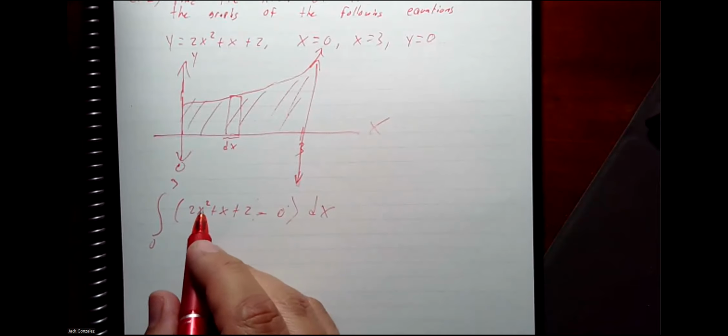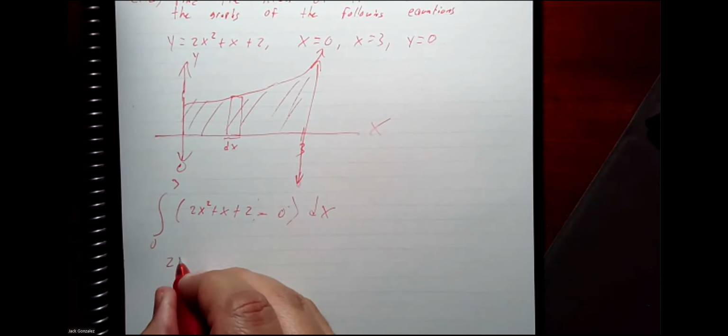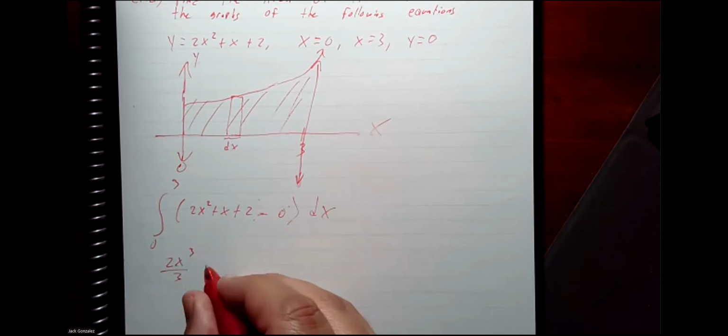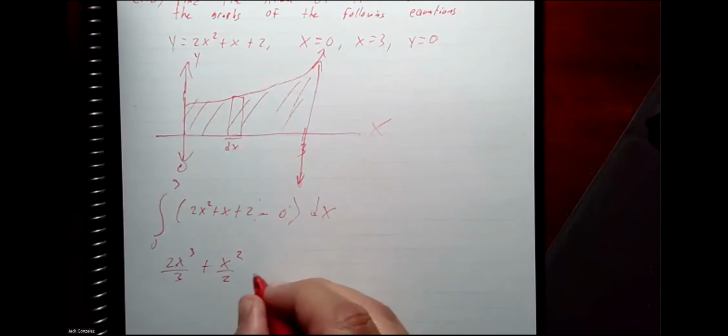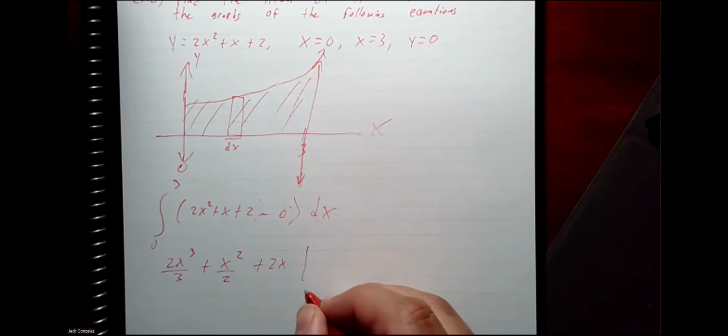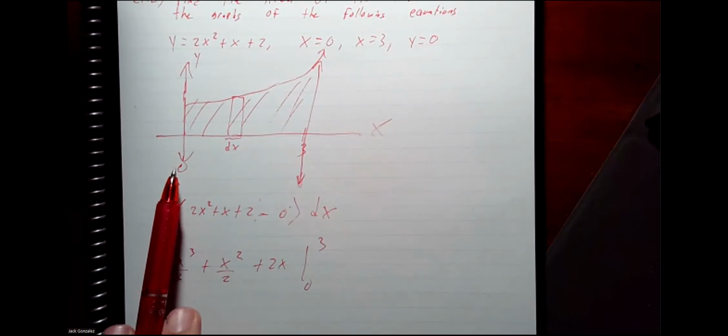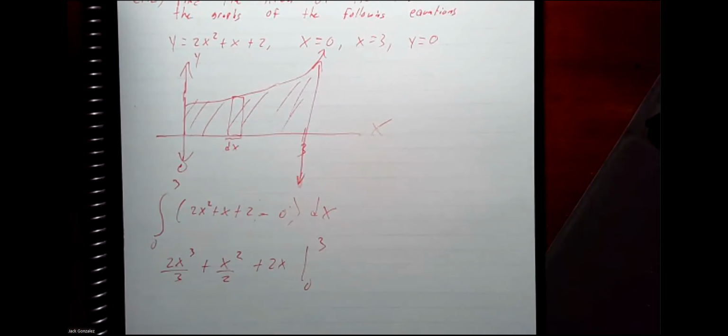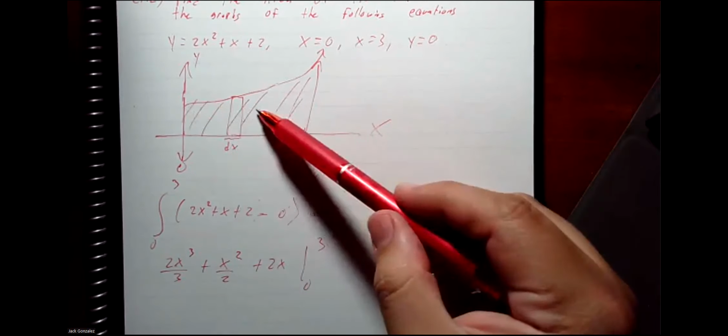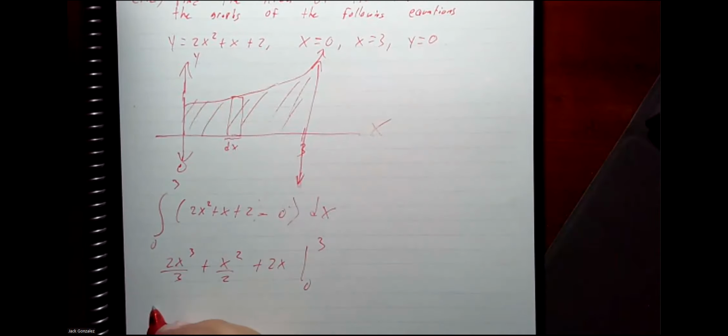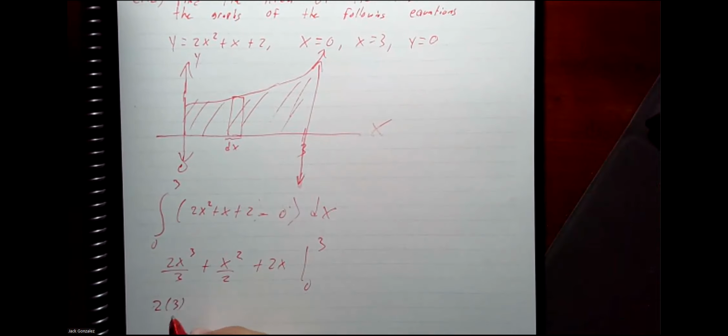So you integrate this term by term, you get 2x cubed over 3 plus x squared over 2 plus 2x from 0 to 3. So this will tell me the area underneath. So plug in the 3.